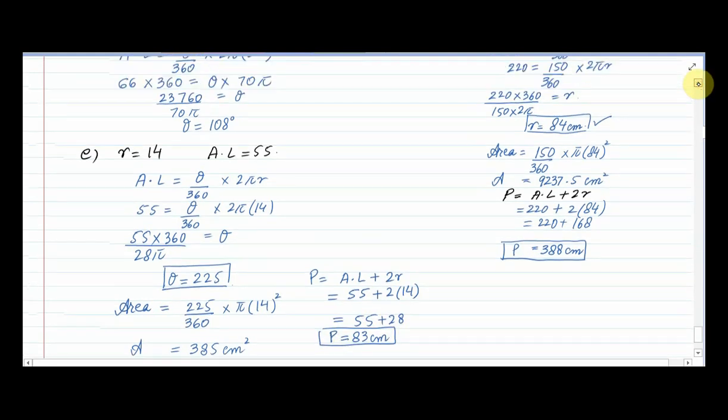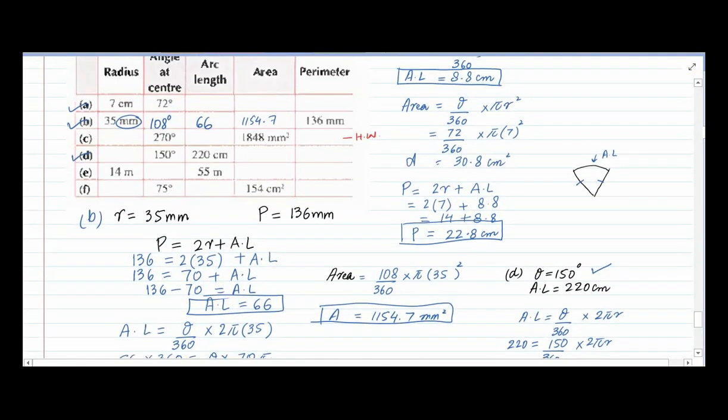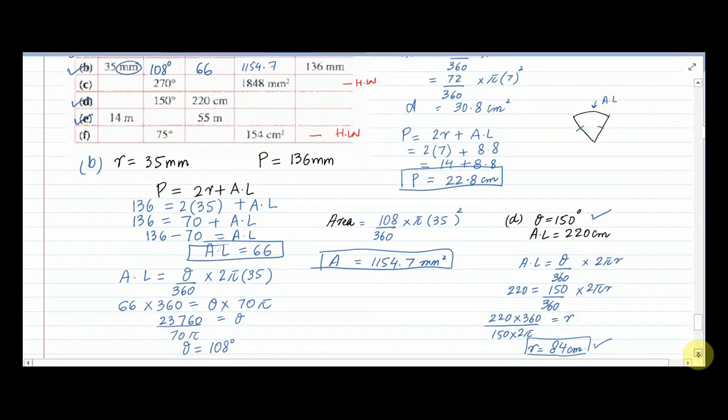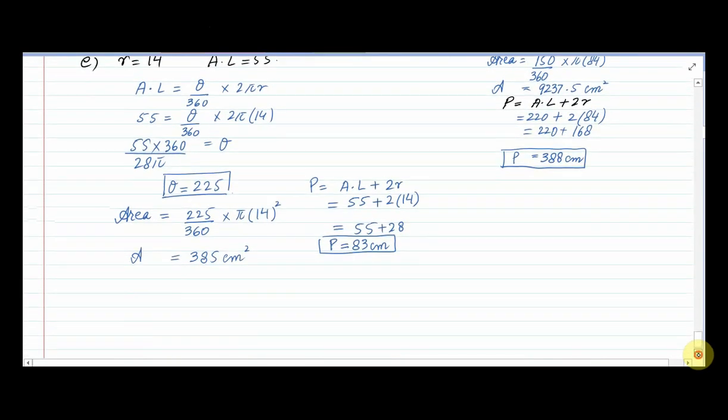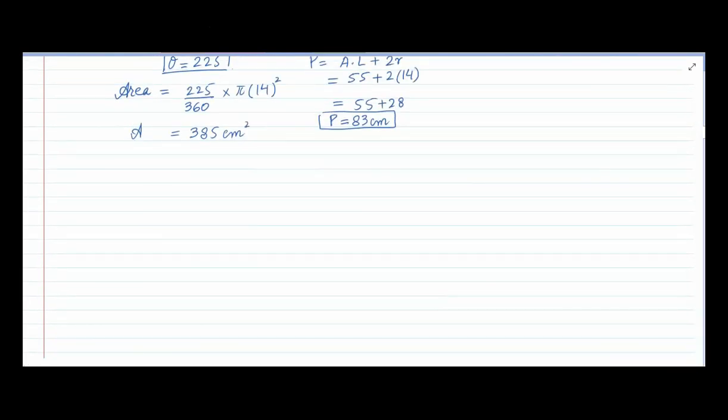Now we have found all the unknowns in part E as well. So the last part F, you will do it as your homework, right? The same things, you have a value of angle, you need to find the radius by using area. So give it a try by yourself. If there is any problem, then we will discuss it in next lecture.